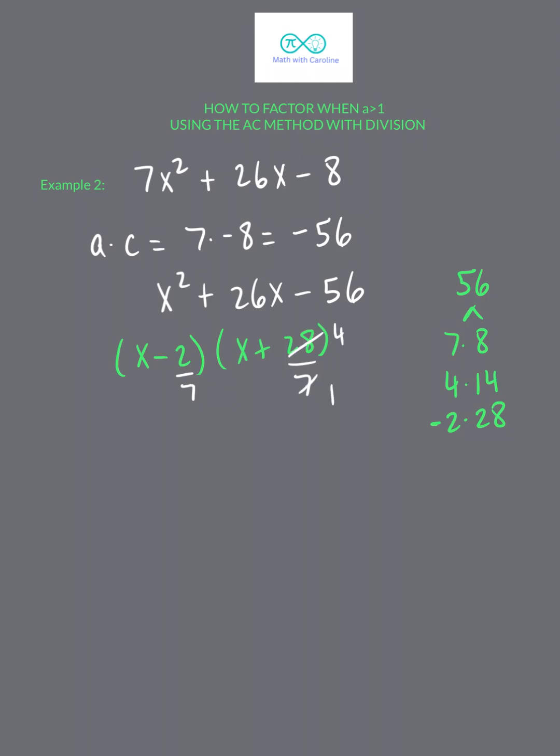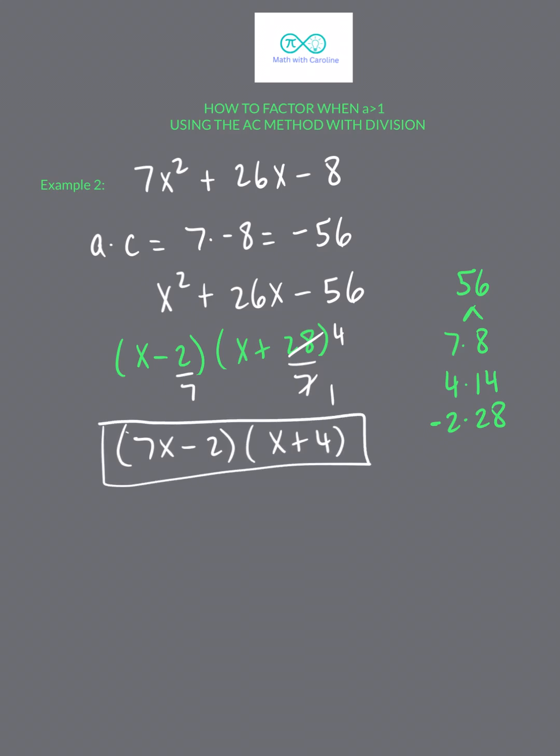Then we have to rewrite it, because we're not going to leave factors with fractions, and so we're going to put this 7 in front of this x, and make this 7x minus 2, and then this one is x plus 4. Since this is just a 1, we're not going to write the 1 in front of the x, and then this is simplified to 4, so the 4 goes here.